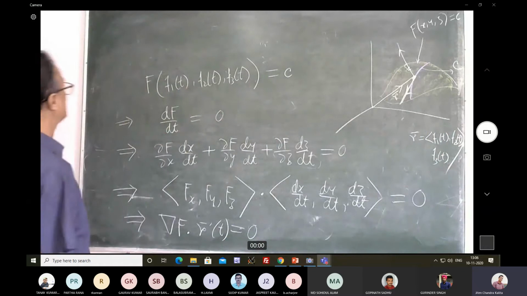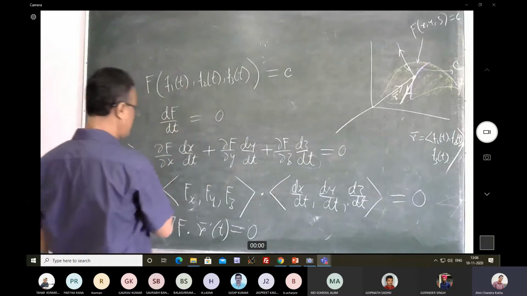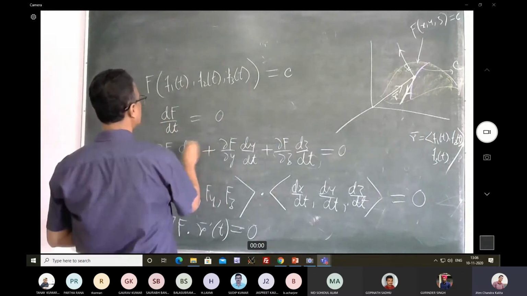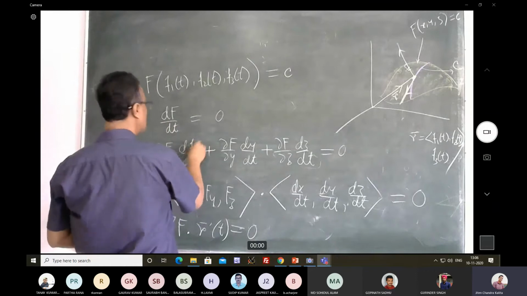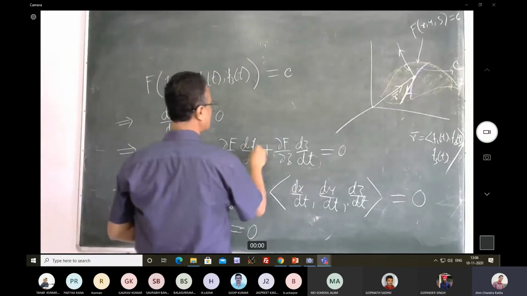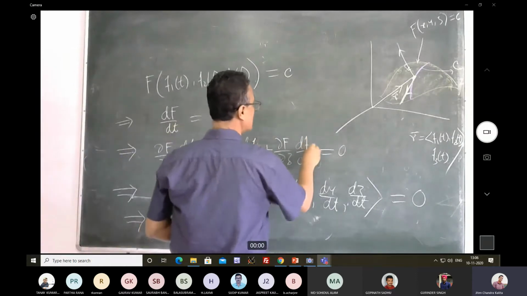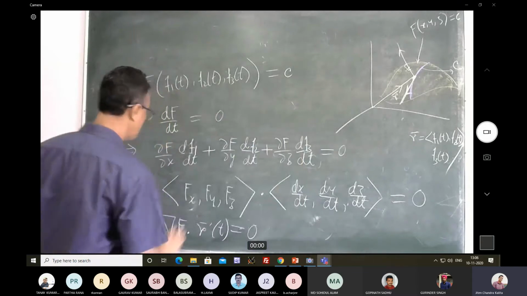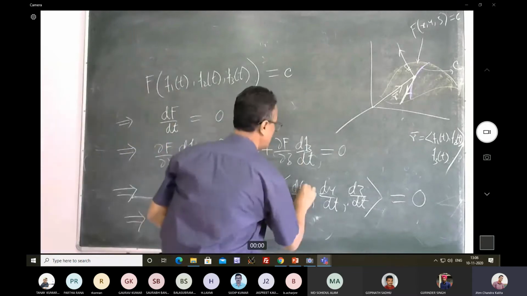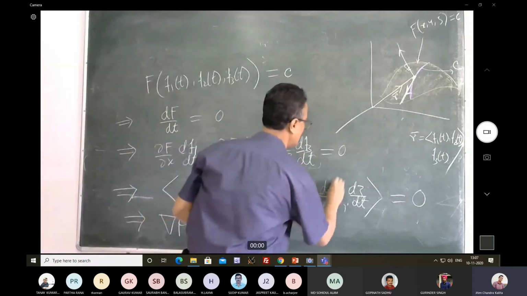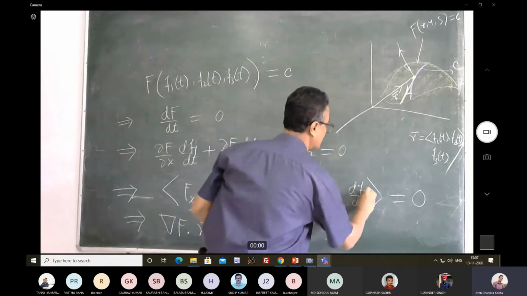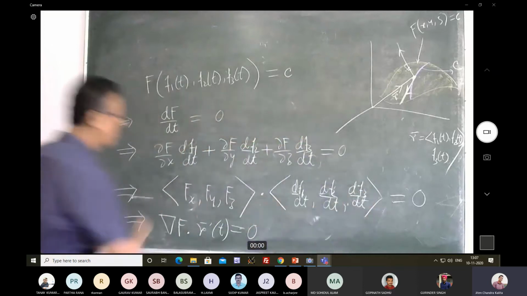Or what you can do, just a minute, I have written dx/dt, right? So you can simply write it as (f1, f2, f3), right? So this is nothing but R prime of t.